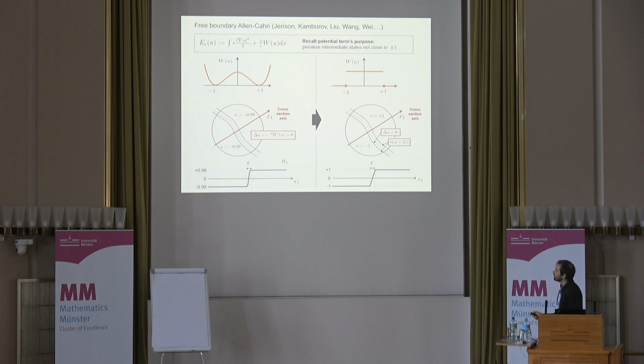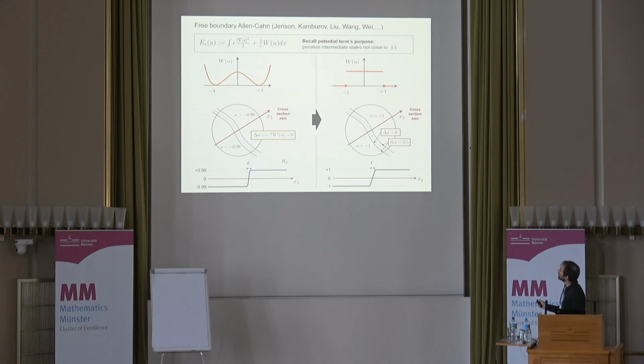Remember that in the Allen-Cahn energy, when you have a double well potential, what you want to do is to penalize the intermediate states between -1 and 1, right? And here, what they did is to consider a potential that is just the characteristic function of the open set (-1, 1), right?